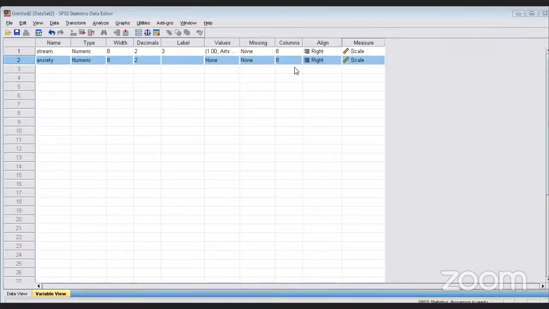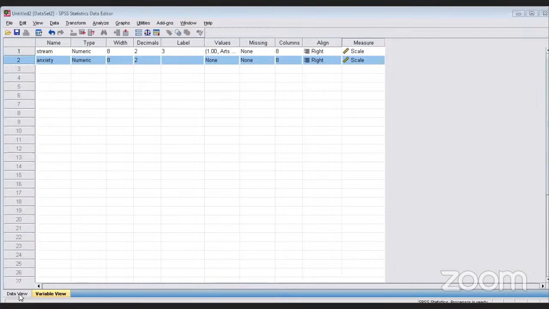Because these are three different. Arts is different, science is different, and commerce is different. So these are three different, like male and female. So gender is a discontinuous variable because you have male or you have female.